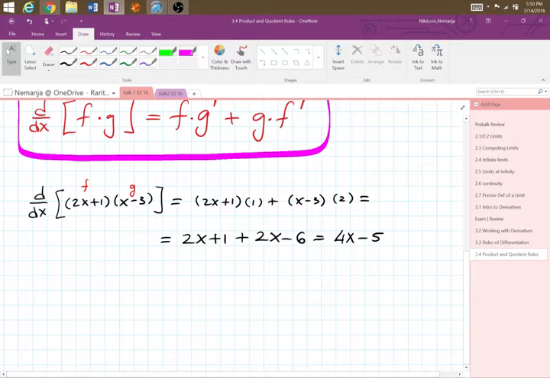I remembered it that way for some reason. I don't know why. I usually never do that. But for the product rule, I did it. And I also memorized the quotient rule the same way, which is the second part of this lecture. So copy the first, derivative of the second, plus copy the second, derivative of the first.